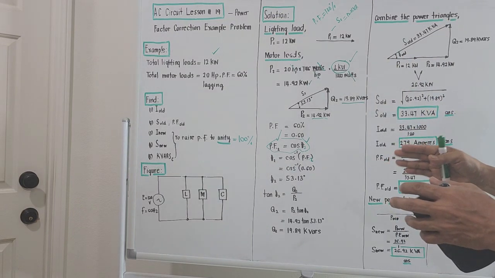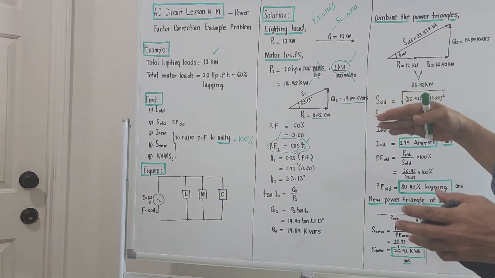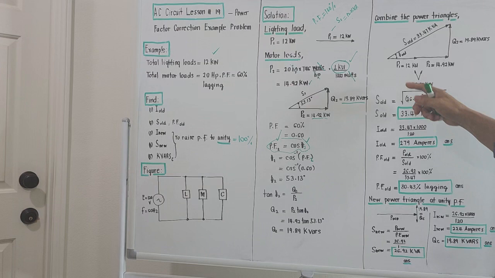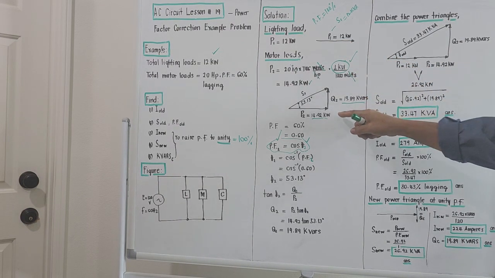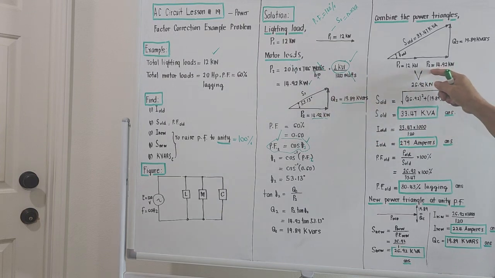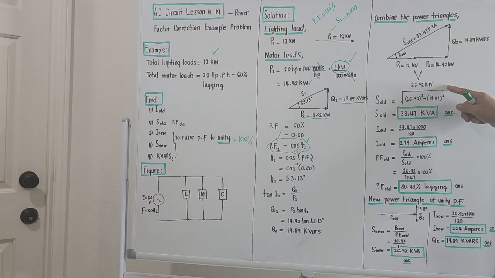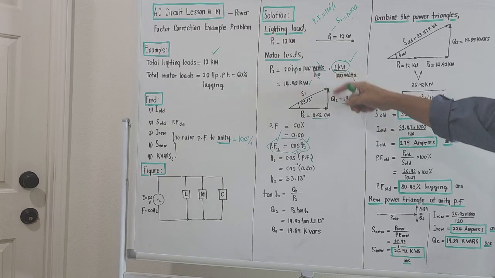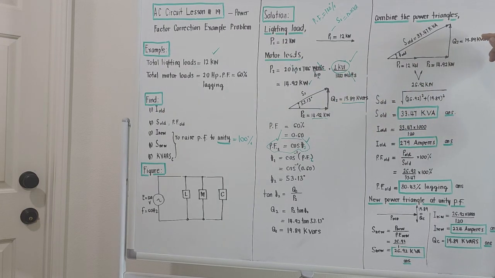So we are adding the real power and the so-called imaginary power, right? Load number 1, the true power is 12 kilowatts. The motor loads, the true power is 14.92. Real power, right? We take the sum, the total will be 26.92. The kilovars of all the motor loads is 19.89.